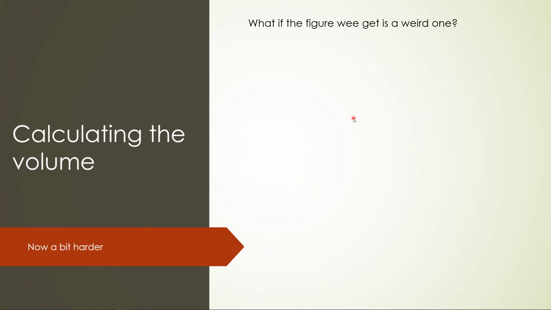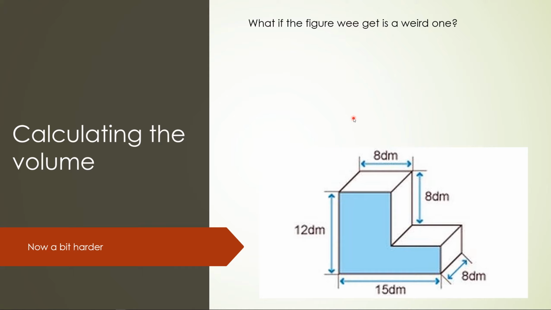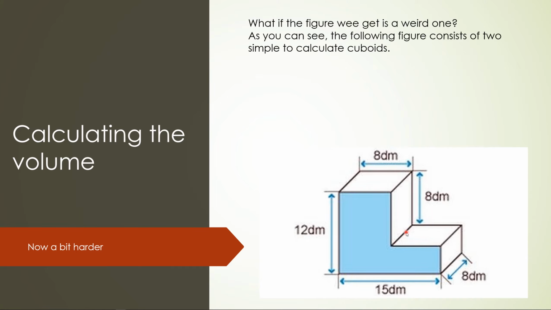What if the figure we get is a weird one? Like this. Okay, we see it's not an easy figure. We can't just do 15 times 12 times 8 or something, because then we would have the whole thing. What we can do, however, is split this figure into 2 simple to calculate cuboids.